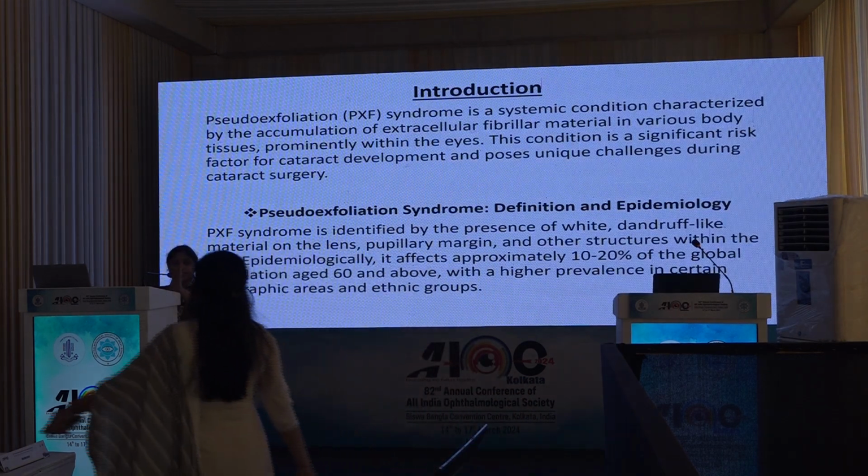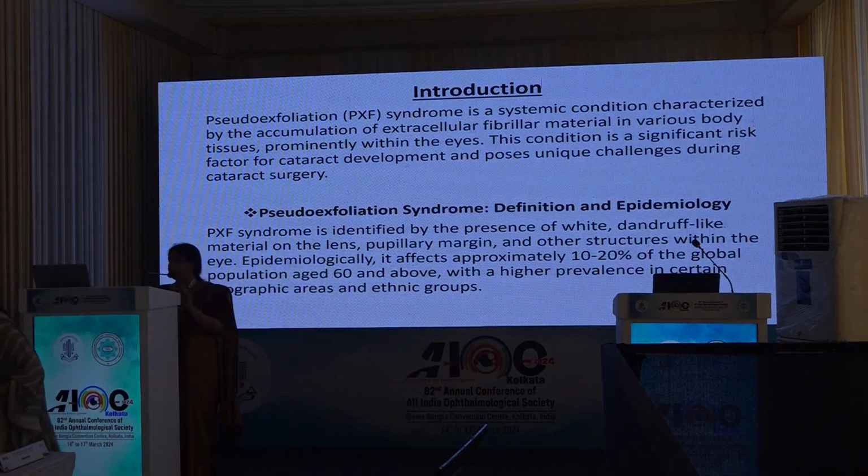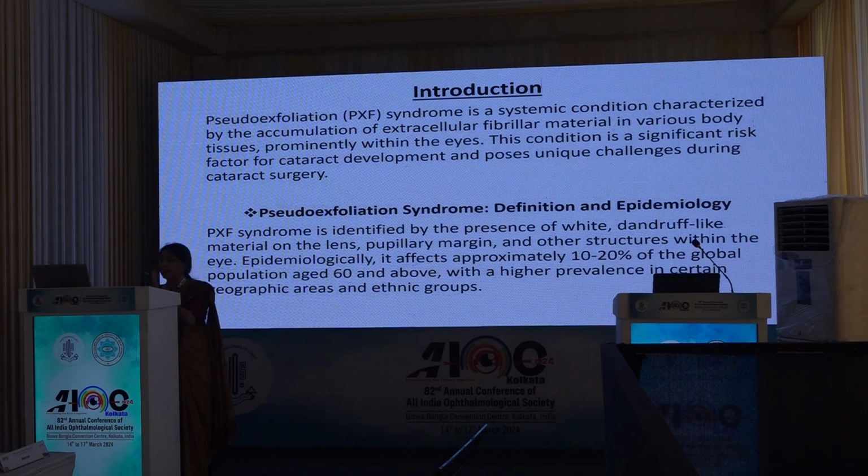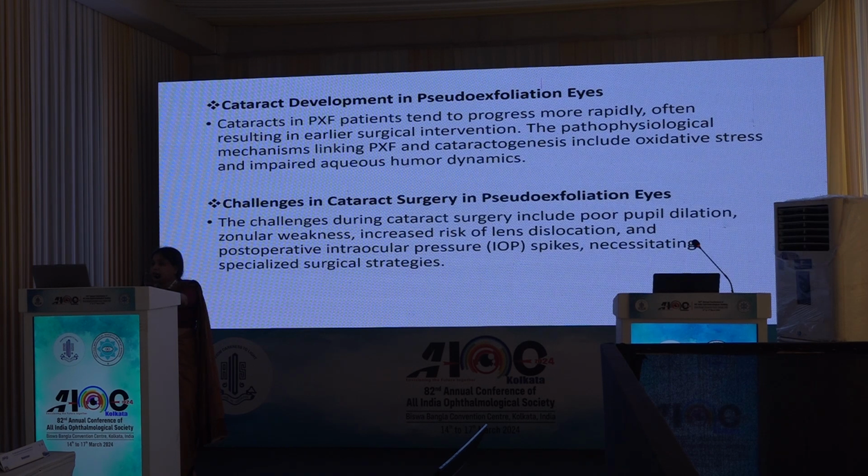It is a systemic condition characterized by the accumulation of extracellular fibrillar material. Epidemiologically, it affects approximately 10 to 20% of patients more than 60 years of age, basically in tropical countries. Why is pseudo-exfoliation important in cataract?